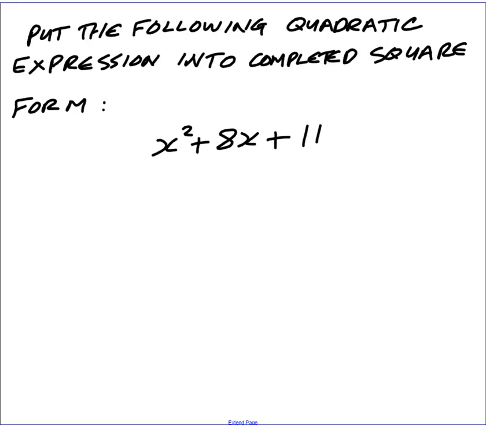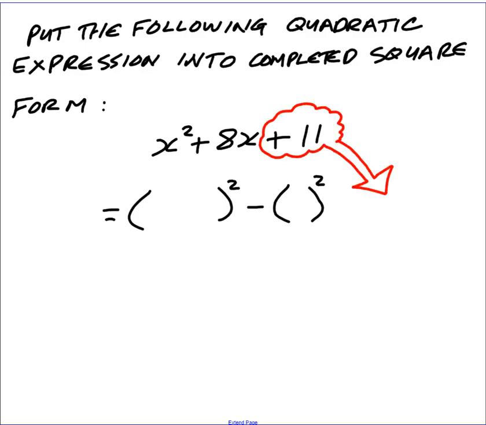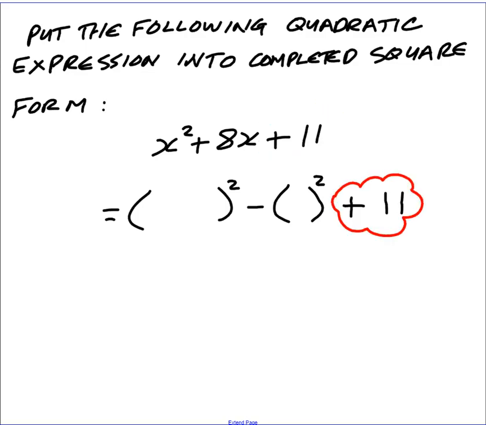Okay, let's go for it. Let's take this, x squared plus 8x plus 11. Let's get it set up. There's our first elongated bracket, and we're always subtracting the second smaller bracket, and then we always bring down the constant term, the number that's just going to come down there. Right, done.